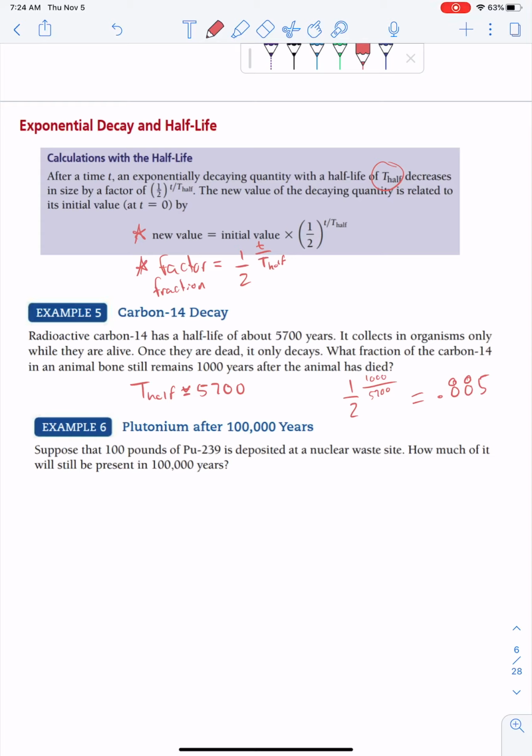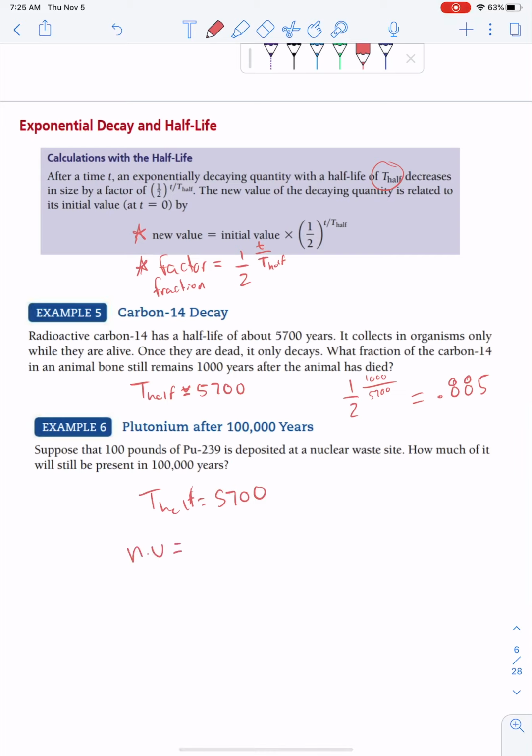So suppose that 100 pounds of Pu-239 is deposited at a nuclear waste site. How much of it will still be present in 100,000 years? I'm assuming that it wants us to use the same half-life because it doesn't give us a half-life. So let's assume that our T half is also 5,700 years. I don't know why it doesn't give us that, but we're looking for how much is still present.